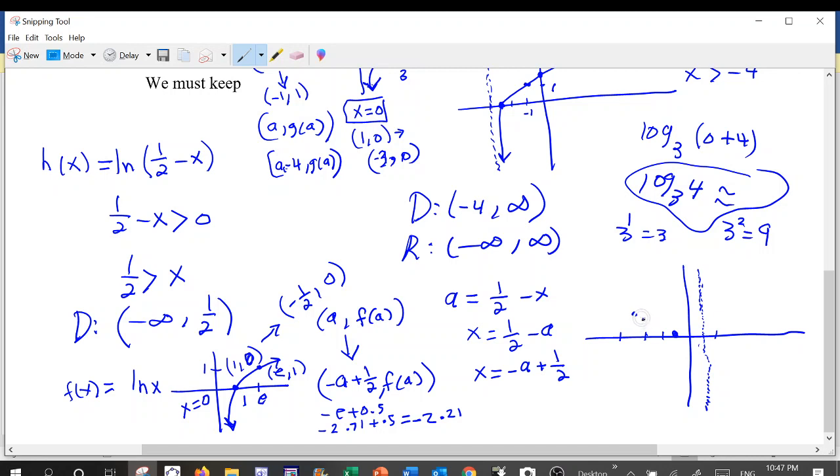So what is the y-intercept of this? The y-intercept would be, if x is 0, ln 1/2. And we don't know what ln 1/2 is, but basically it's e to what power is 1/2, right? You can use a calculator to do it, but we are going to just assume that this goes here, approaches that line, and goes this way, right?